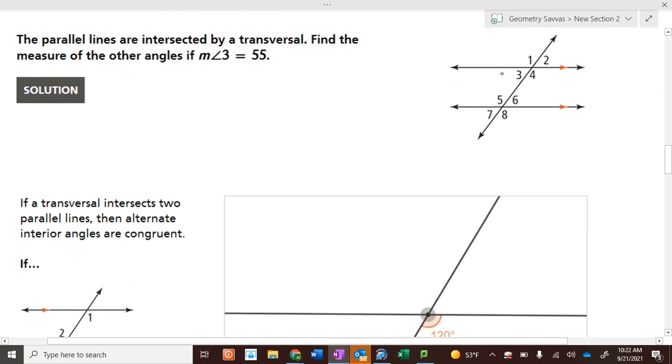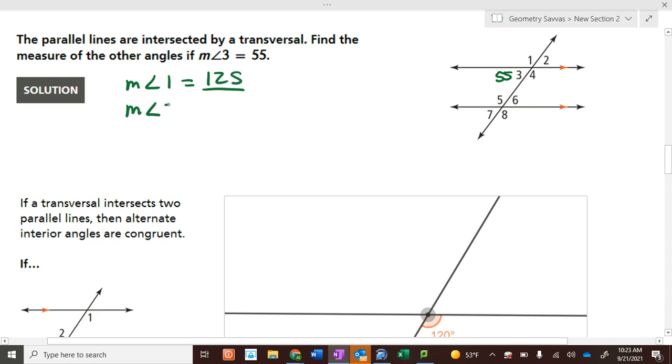So if angle 3 is 55, how big is angle 1? How big is angle 1, Tate? 125.